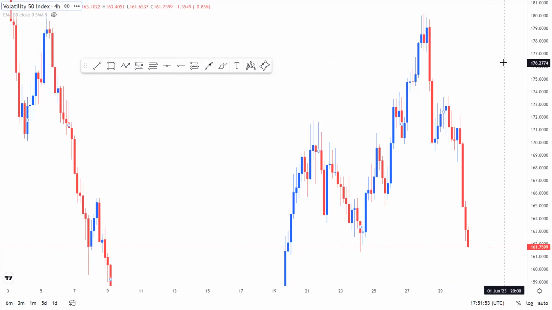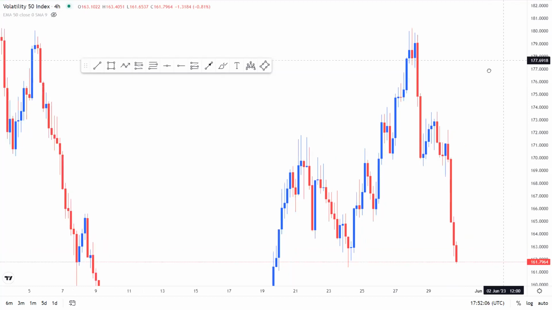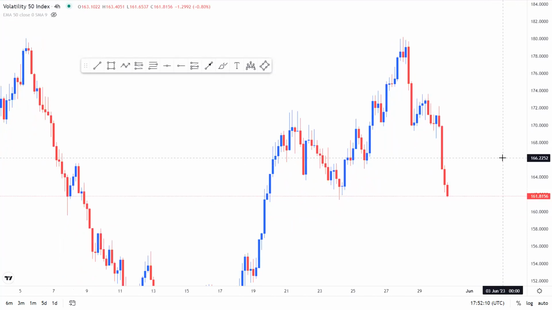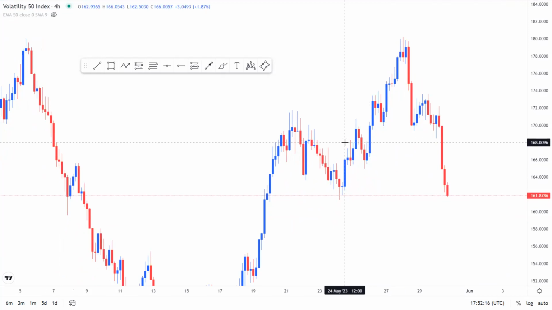Once I get into the chart, the very first thing I want to do is identify the flow of the markets. Where is the market headed? Because I'm predominantly a swing trader, I like to start out with the higher time frames, using the daily or the weekly time frame as my trend determinant.